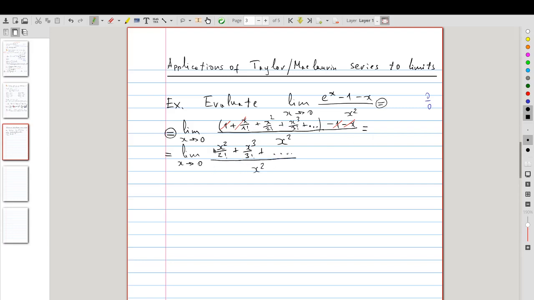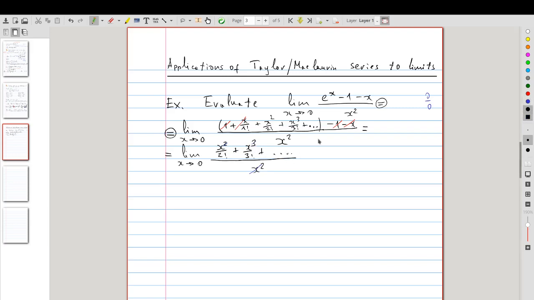So now we can cancel off the x squared with the terms in the numerator, because all the powers of x involved in the numerator are 2 or higher. So we can cancel the x squared with x squared here, with x cubed and so on.